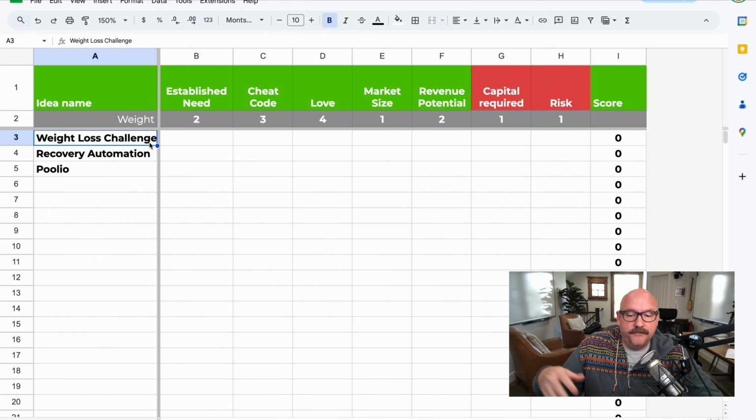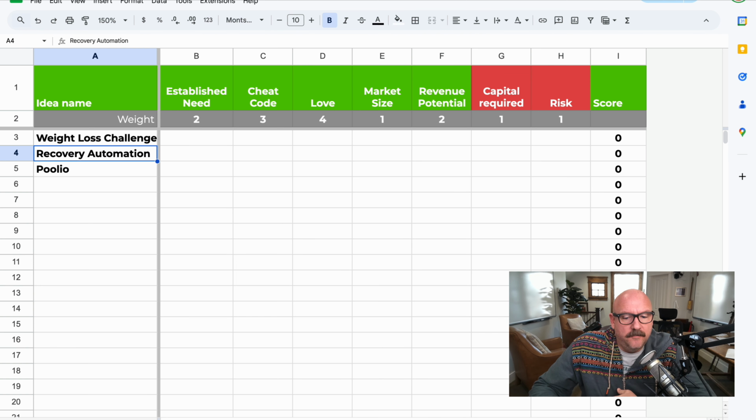Everyone puts in money. The app takes the payments, and you can set prizes. And maybe there's a communication component that can help people communicate and keep others accountable throughout the challenge. Okay. Next one is the recovery automation, helping patients heal better and faster through the use of technology.